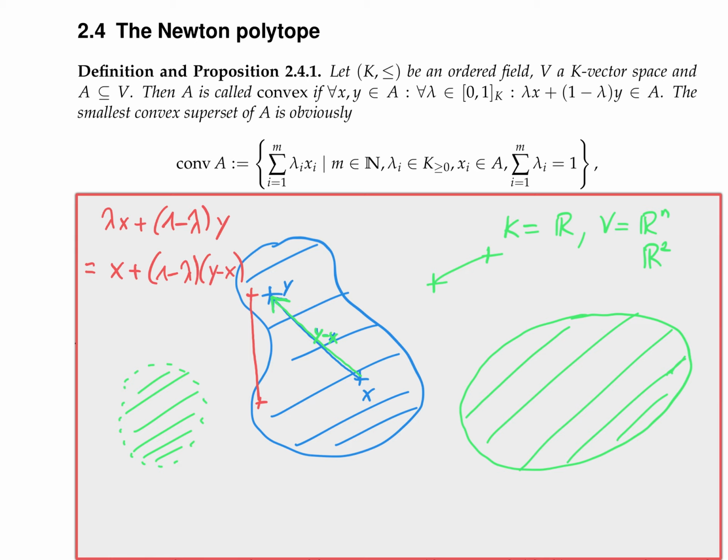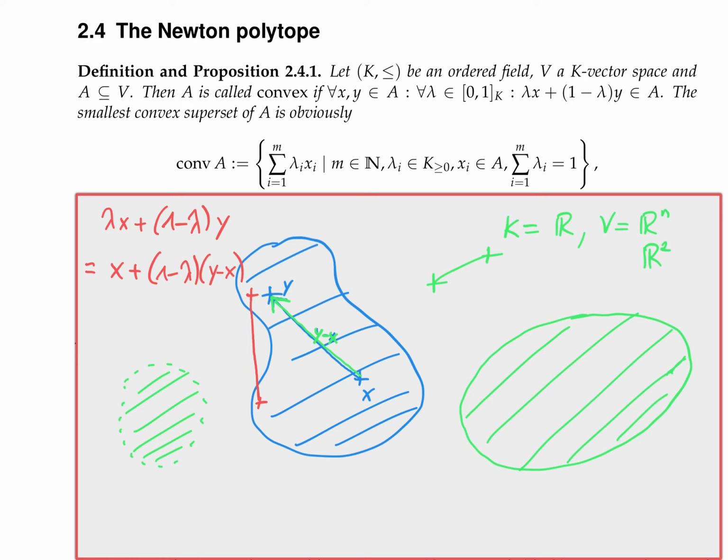Because when you have here x minus, yeah, that's exactly the same thing, right? So if lambda varies between 0 and 1, then 1 minus lambda also varies between 0 and 1, and then you shorten this vector y minus x, right?